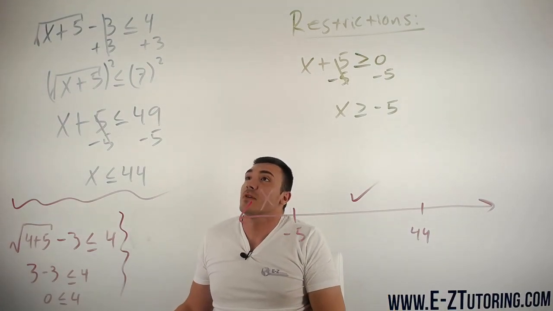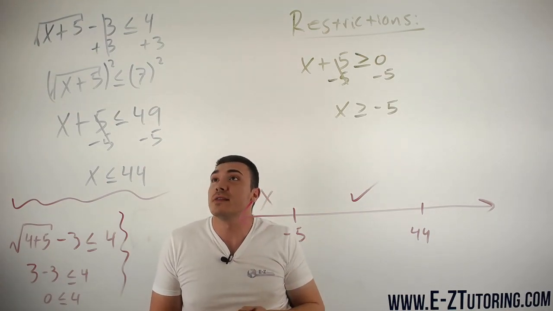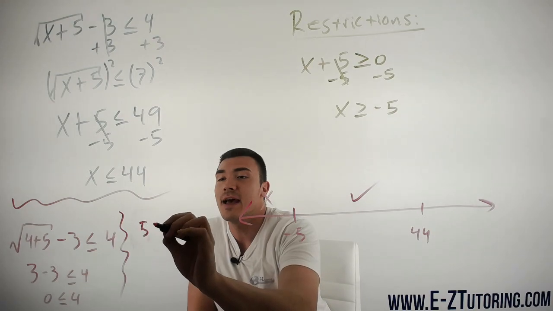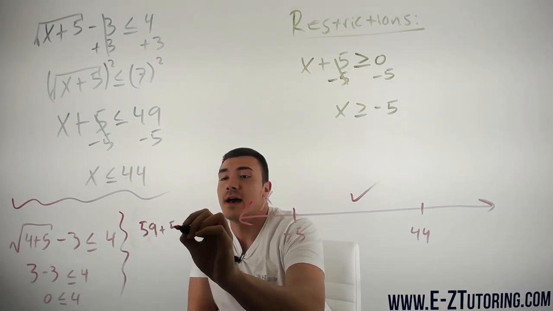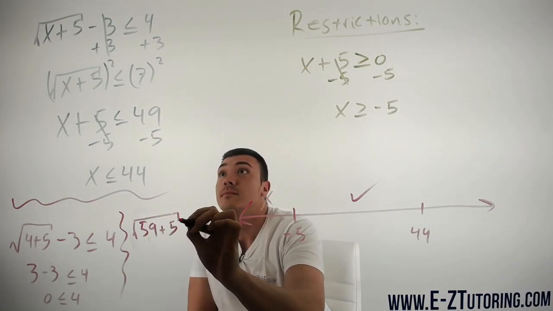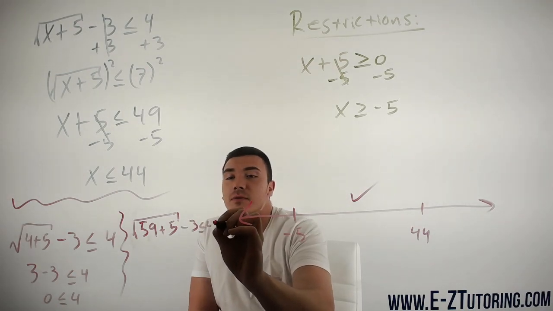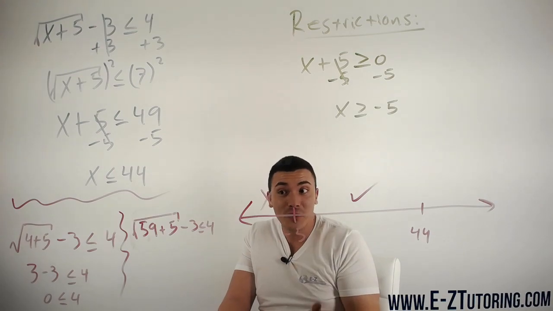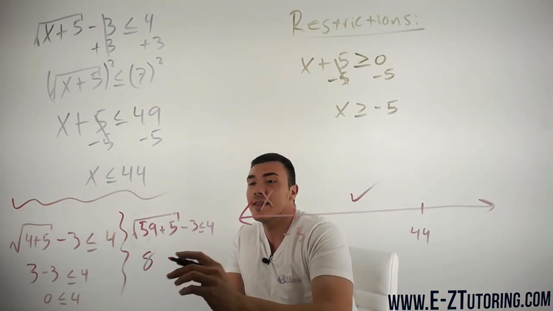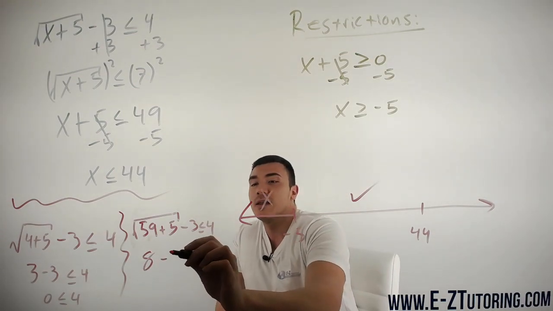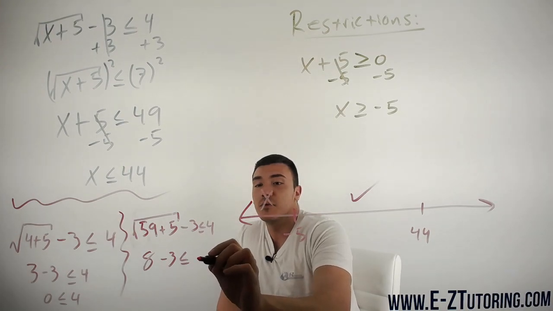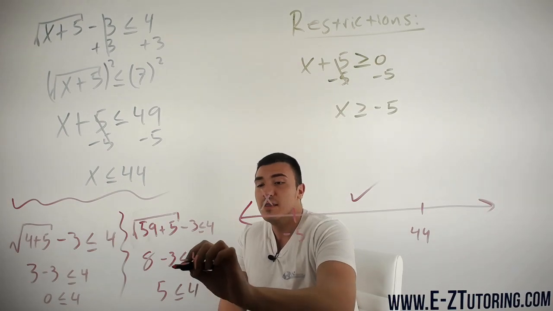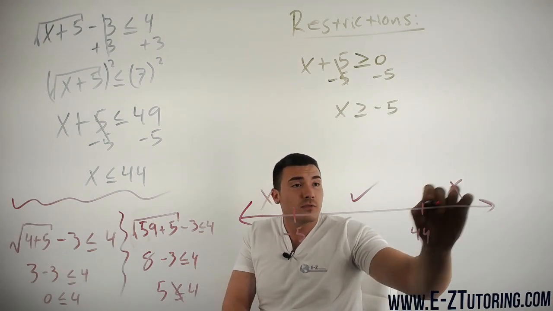So the next perfect square is 64, which means x needs to be 59. So we are going to try out a 59 plus 5 minus 3 less than or equal to 4. Let's see if that works. 59 plus 5 is 64. Square root of 64 is 8. That's why I chose that number. Minus 3 is less than or equal to 4. 8 minus 3, 5, less than or equal to 4. Definitely not true. This interval does not work.